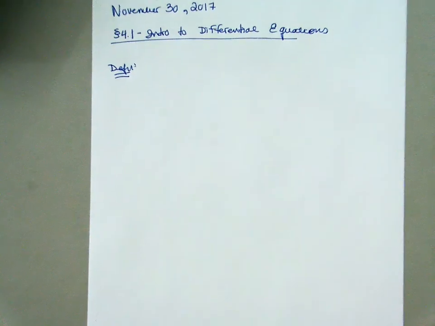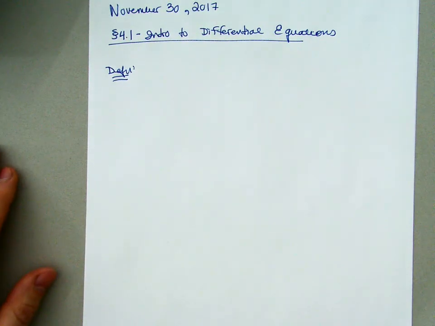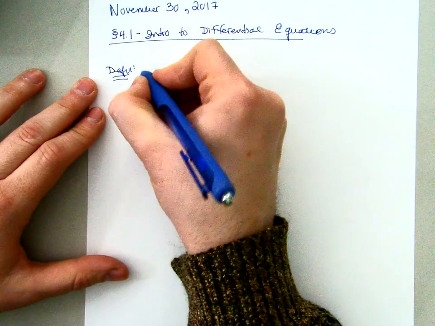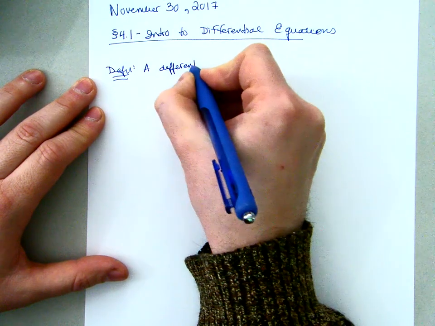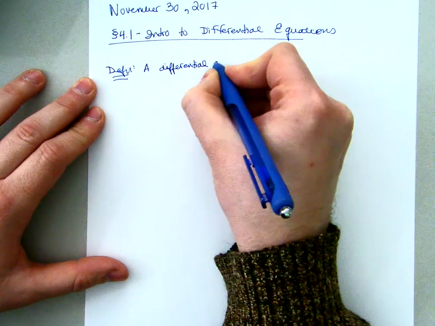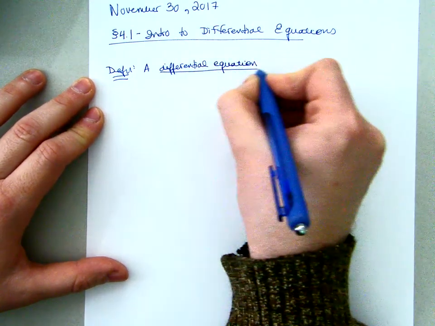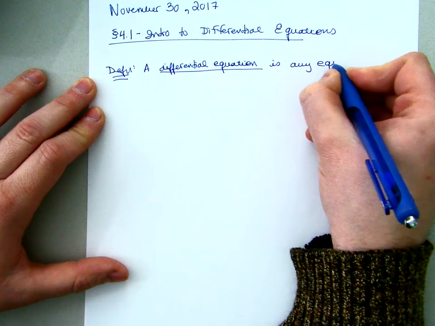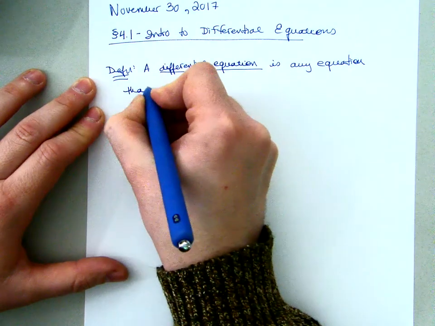Intro to differential equations. And I think the first thing we need to know is what a differential equation is. A differential equation is just any equation that includes a derivative.